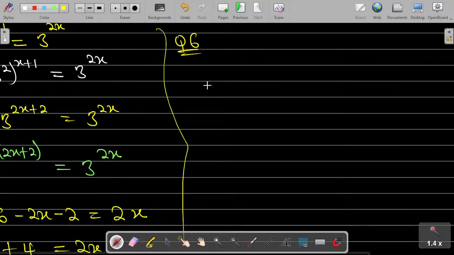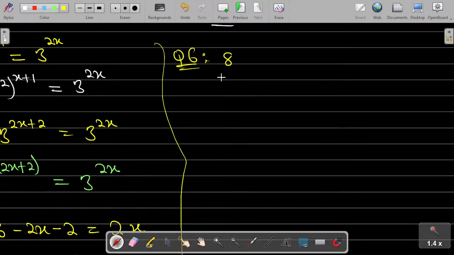We are given 8 to the power of x over 2, and that's equal to 2 raised to the power of 3 over 8, multiplied by 4 raised to the power of 3 over 4, close bracket.